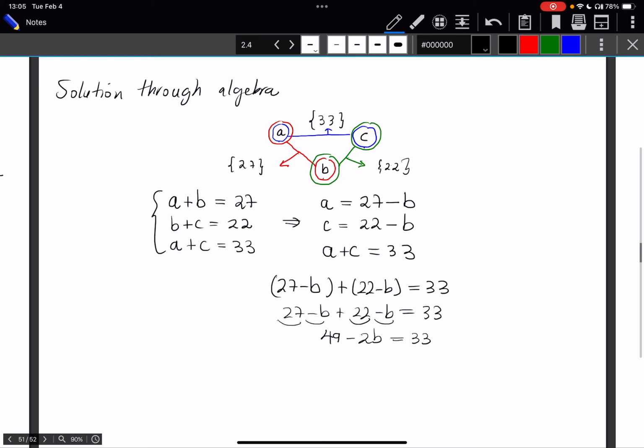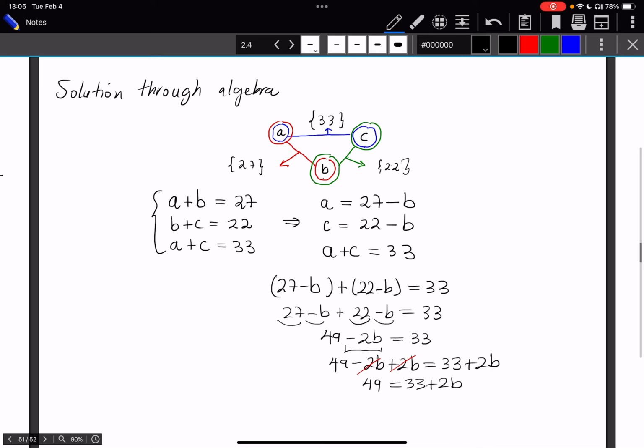And we're trying to isolate B. To isolate B, we can add 2B to both sides of the equation. So we get 49 minus 2B plus 2B equals 33 plus 2B. Here on the left, minus 2B plus 2B go away together. So we end up with 49 should be equal to 33 plus 2B.